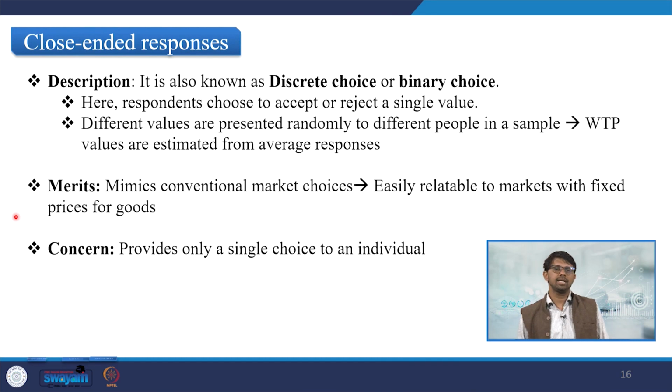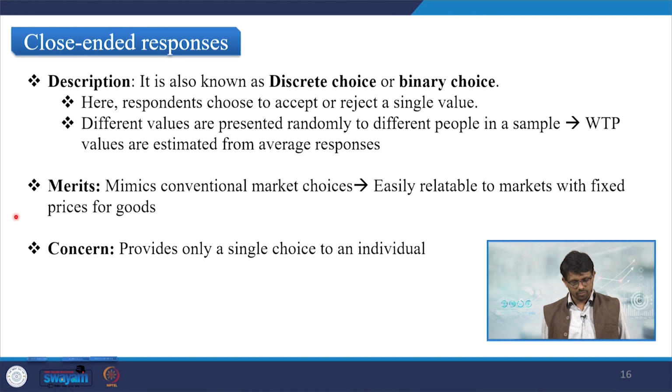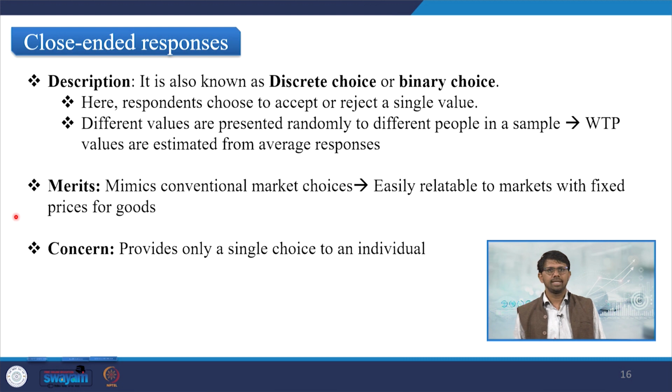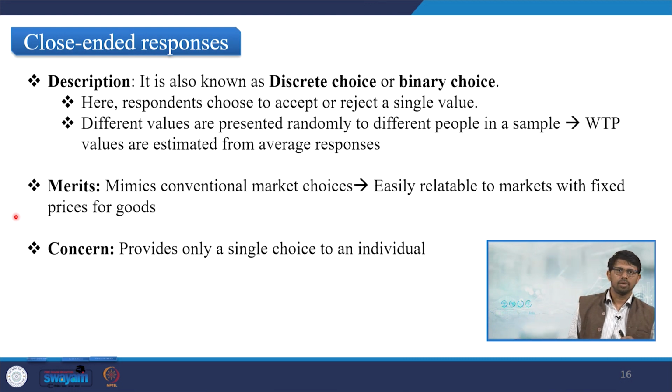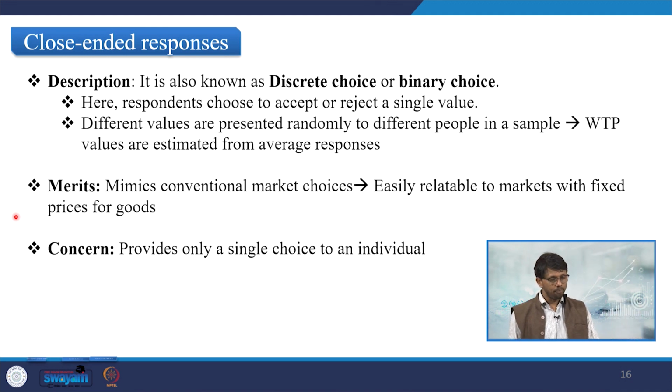In the closed-ended responses, we need to specify the limit of the responses, like in categorical values we give choices. Here respondents choose to accept, and in binary format, maybe accept or reject a single value, yes or no, or 1 or 0, or in a dummy format, and different values are presented randomly to different people in a sample.